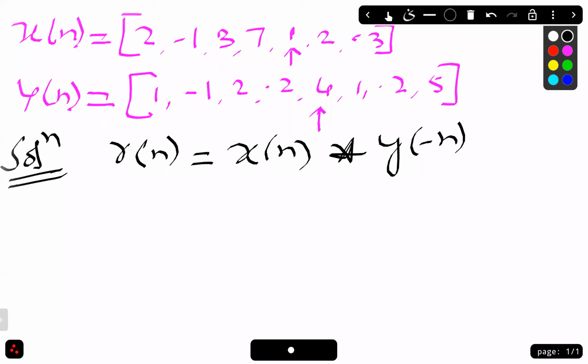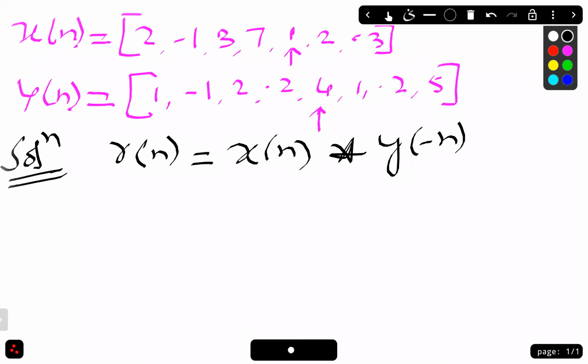So what does it indicate here? We are convolving the first sequence with the folded second sequence. That is x of n convolved with y of minus n.